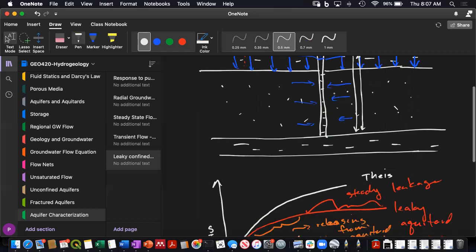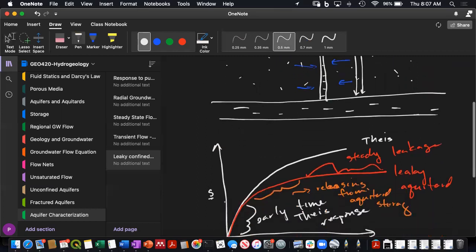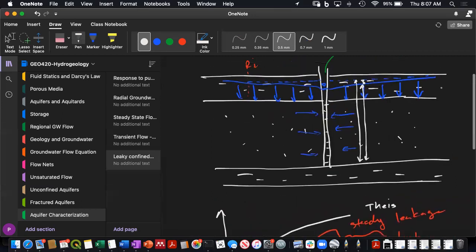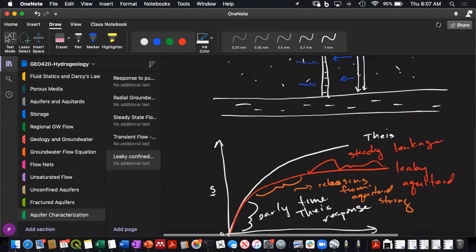If I look at my drawdown curve here, it would start at 0, 0, because we start off at our initial head. Initially, it draws down quite fast. Then over time, as the cone gets bigger and bigger, the drawdown doesn't increase as fast.